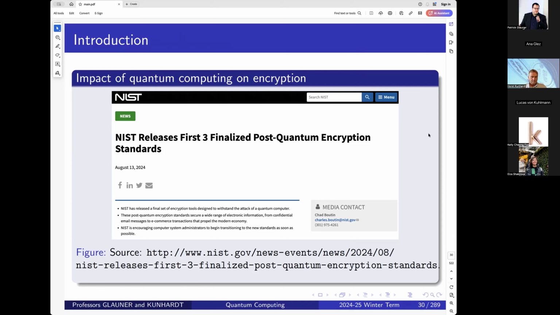So if you have an integer that is the product of two prime numbers and you want to know its prime factors, this prime factor decomposition is computationally very difficult. And that's good because most of modern encryption is based on the fact that prime factorization is difficult and takes a lot of time for large integers.